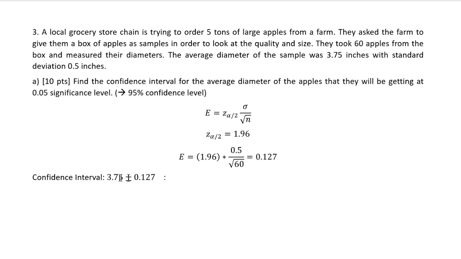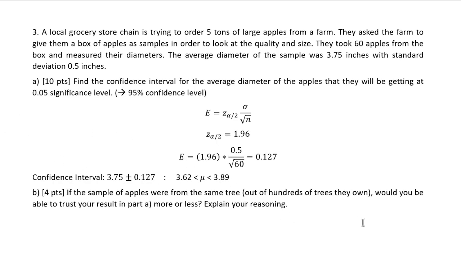Therefore we do these two calculations, adding and subtracting, and we get these two values. Okay, so that is where the population mean would be. The average diameter of all the apples from the farm would be somewhere between 3.62 inches and 3.89 inches.